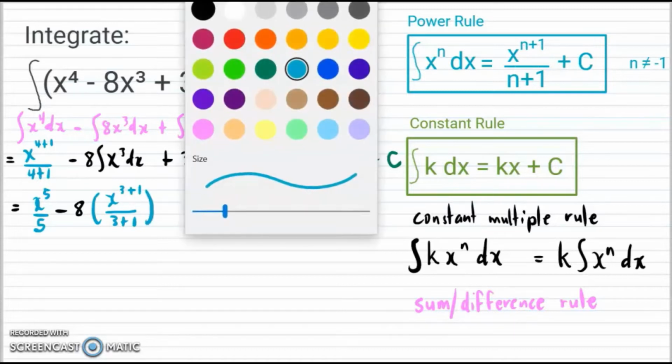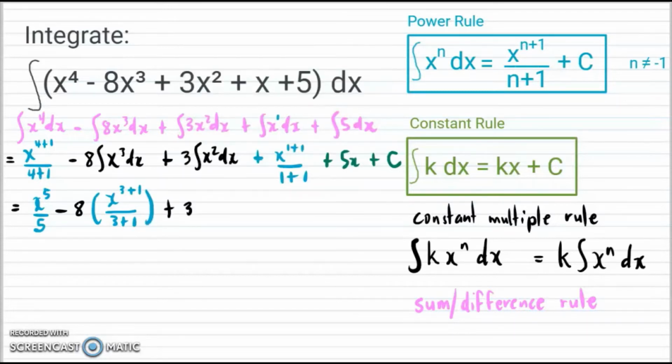And then plus 3. Again, power rule here. So we have x raised to 2 plus 1 over 2 plus 1. There. And this one we can simplify already. X squared, right, over 2. And just copy the remaining parts, plus 5x plus c.